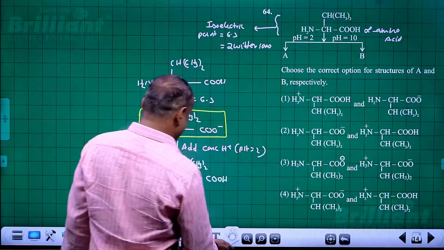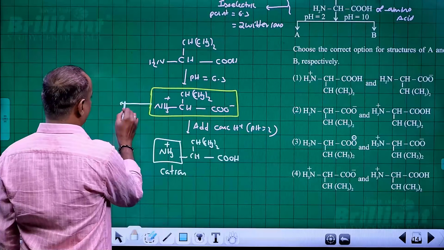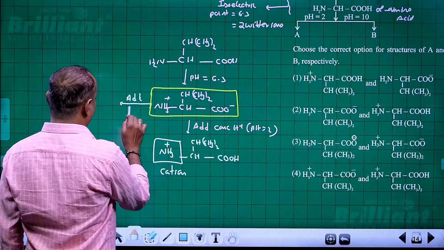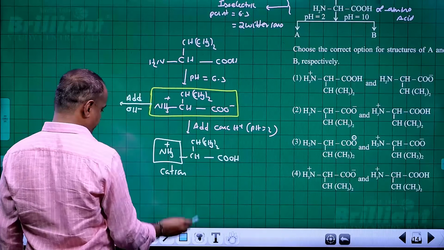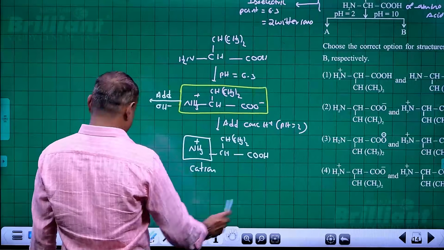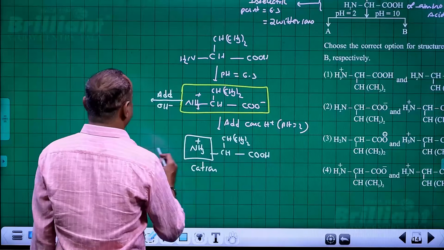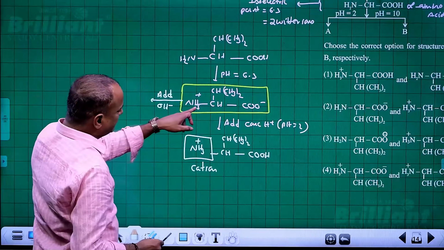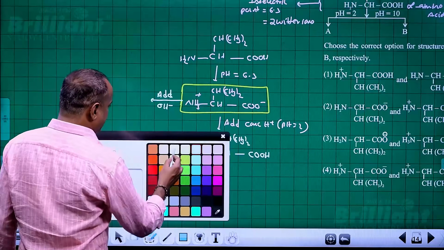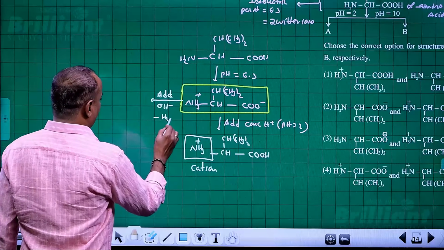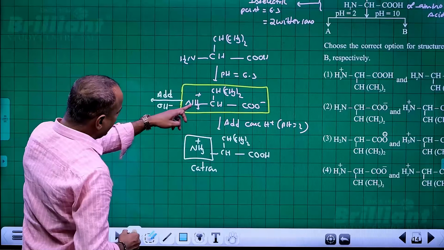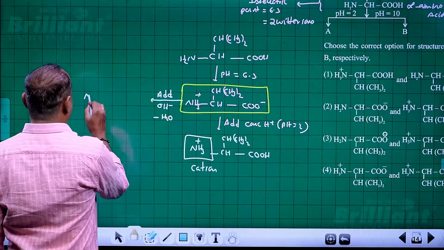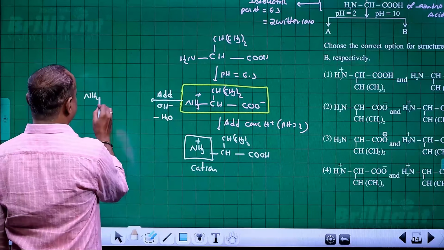Next, pH 10 means addition of a strong base. Add OH minus ions. Then OH minus will absorb H plus ion from the NH3 plus. Loss of water takes place, forming NH2. That is called basic medium, base formation.